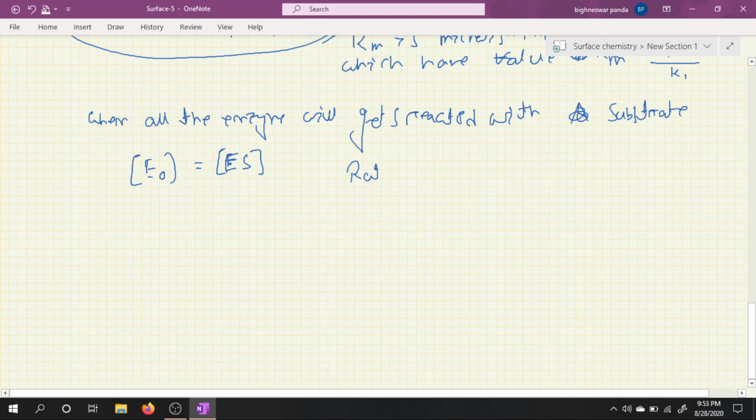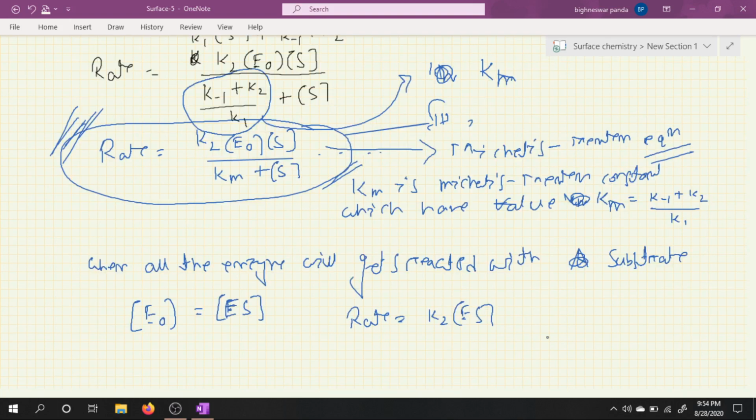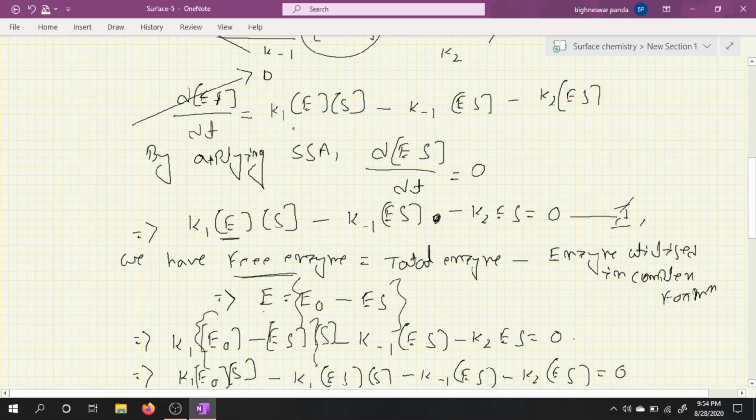This is equation 1. In terms of K2 ES, I can write K2 E naught.